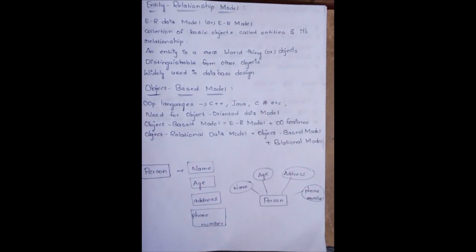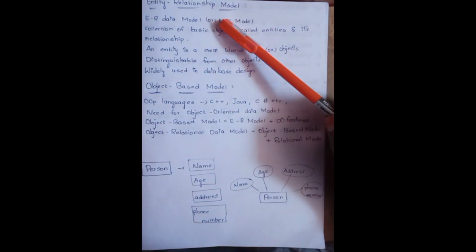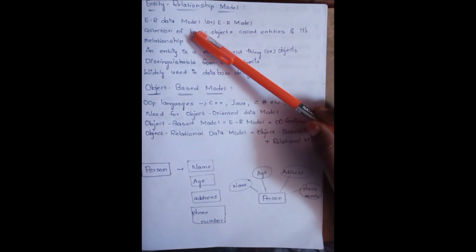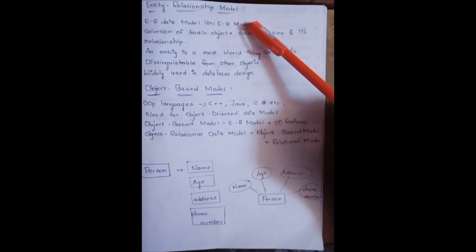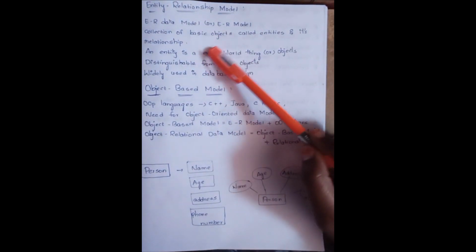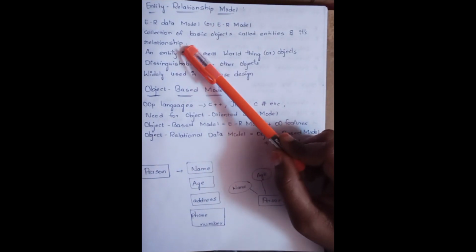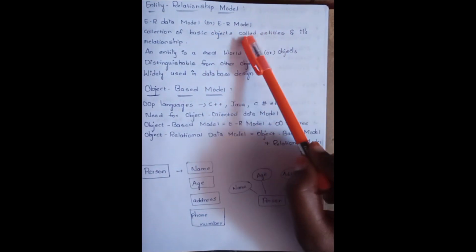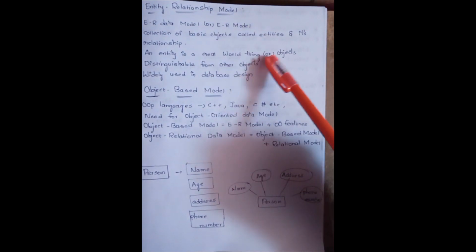So we have done with the relational model, and we will move to the second model, that is the entity relationship model, also referred to as the ER data model, or simply the ER model. We know basically the ER model is a collection of basic objects called entities and their relationships, and these groups of entities we also call objects in this case.